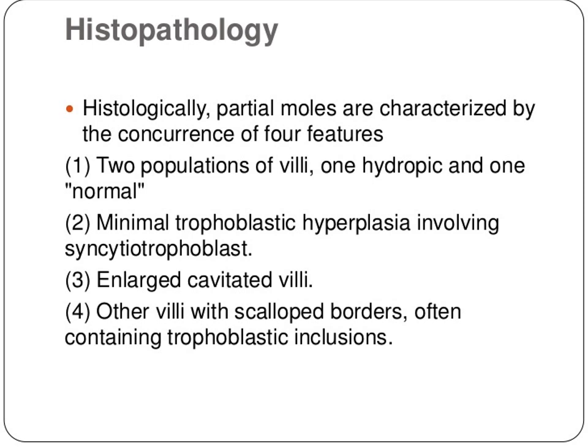There are two populations of villi, one hydropic and dilated, and one of normal variable size vascular villi. There is minimal trophoblastic hyperplasia that involves only syncytial trophoblast, and there are enlarged villi, but you can see some nucleated RBCs or blood vessels within the villi.